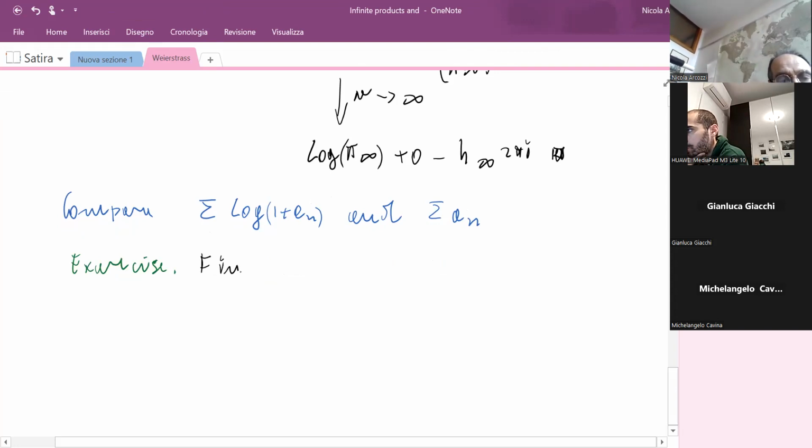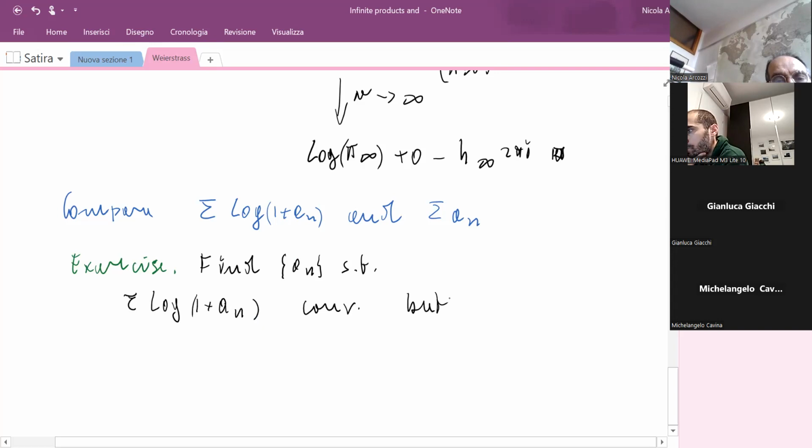Find sequences a_n so that the sum of the logarithm converges, but the sum of a_n diverges, or this diverges, but this converges.